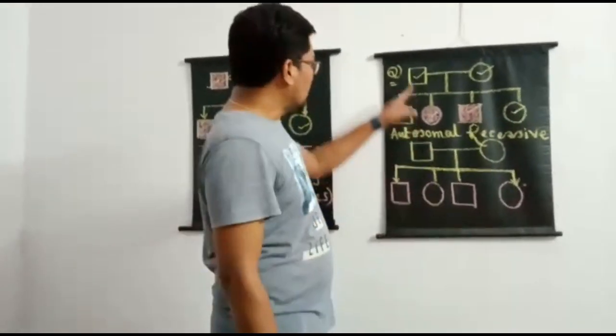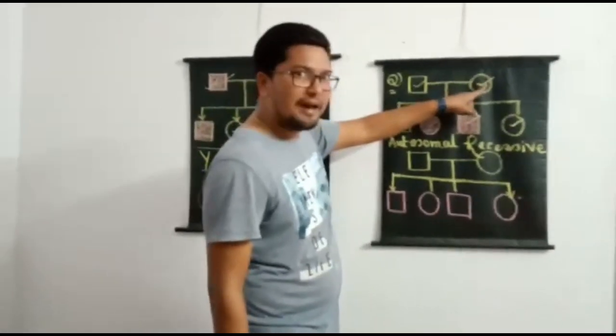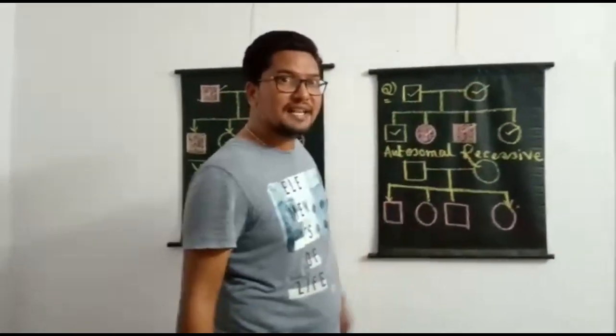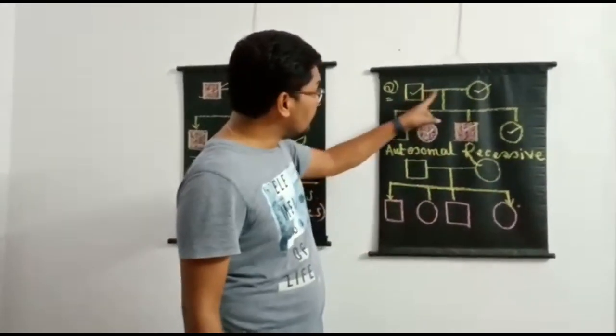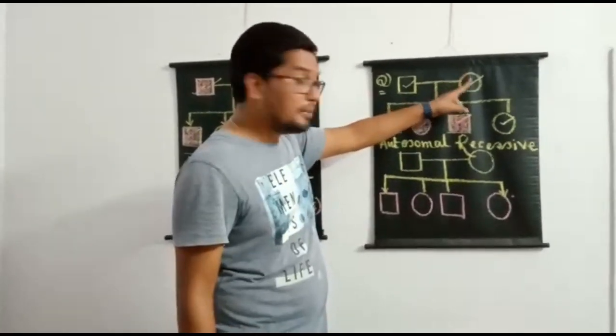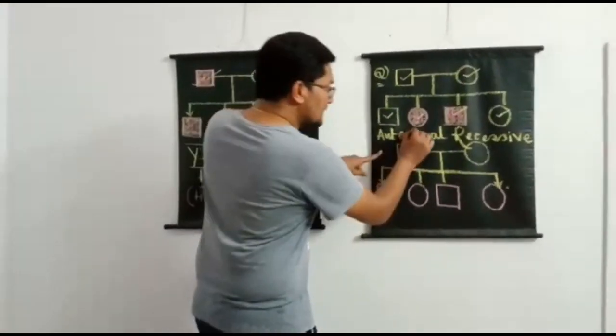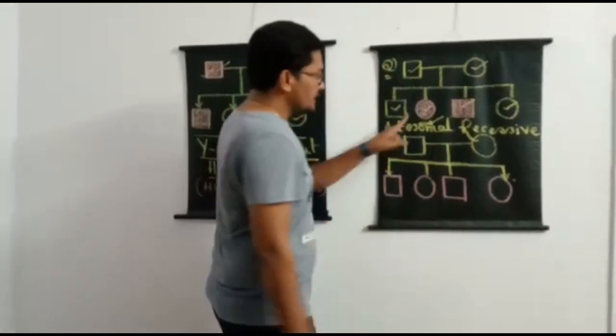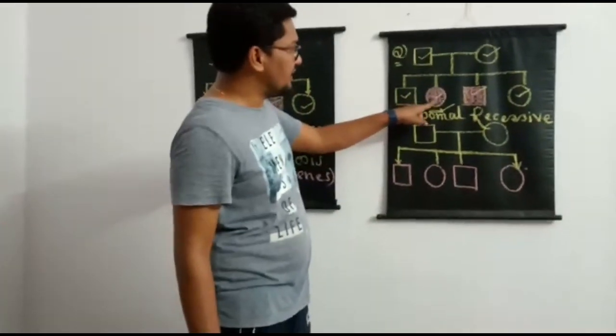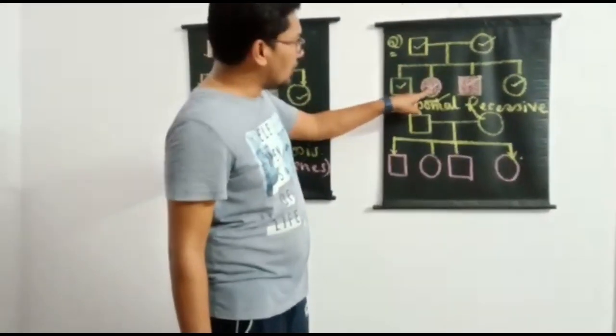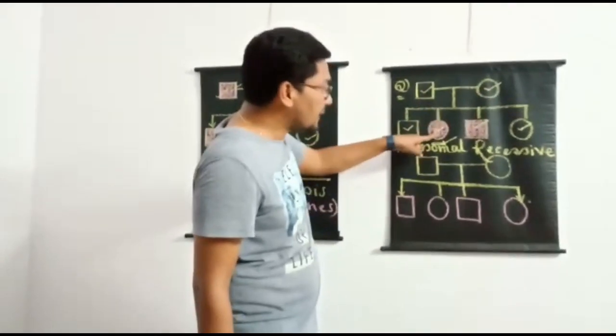That's why both the parents, though they have one allele for sickle cell anemia, are not suffering from symptoms of anemia. But here you can see this child, that is the female child, has received one recessive allele from the father and another recessive allele from the mother.